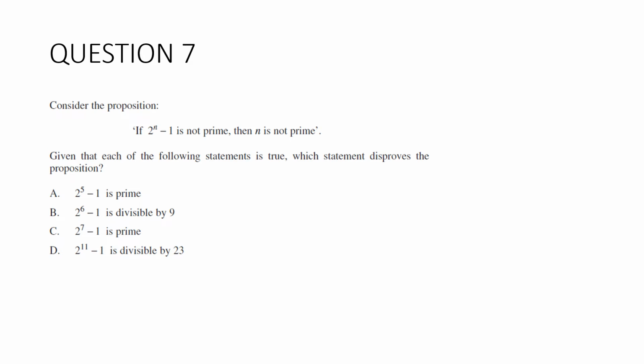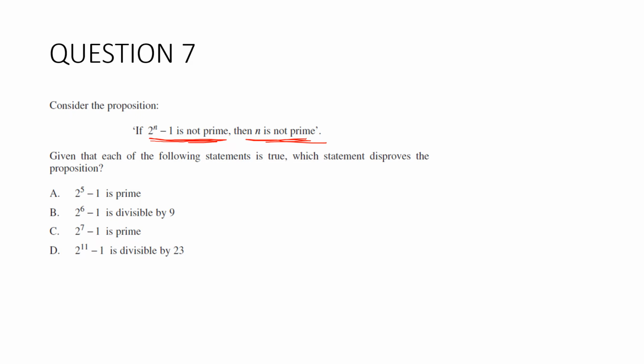Question 7. Consider the proposition: if 2 to the power of n minus 1 is not prime, then n is not prime. Given that each of the following statements is true, which statement disproves the proposition? So we're looking for something that is not prime and then n ends up being prime.